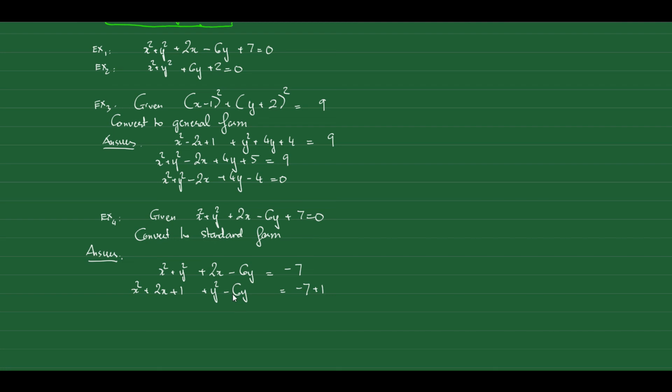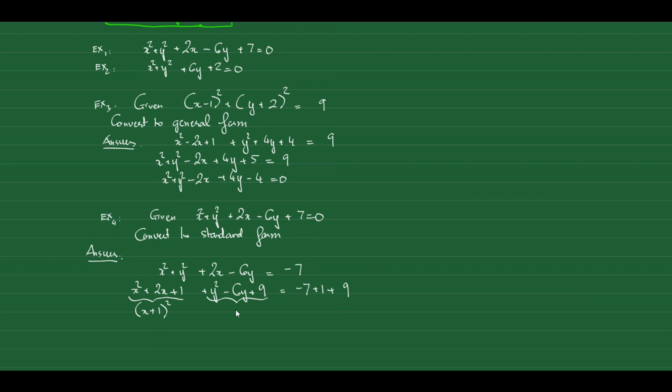You take negative 6 divided by 2 gives you negative 3. And negative 3 squared gives you 9. You add 9 here and you add 9 here. This part here is a perfect square. So how are we going to write a perfect square over here? This is plus, so I can write x plus 1 squared.